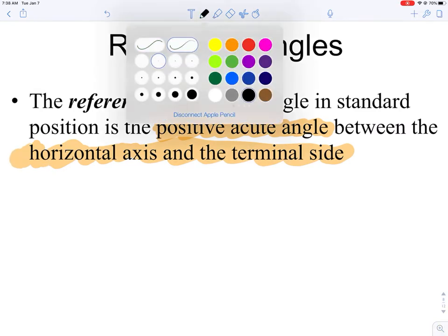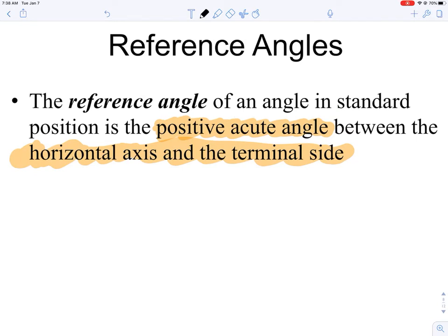So I'm going to draw a picture that represents a reference angle for an angle in any of the quadrants. So if we have an angle, there's 4 quadrants. I'm going to draw 4 pictures here. Let me just copy and paste these actually. This is our x-axis and our y-axis.